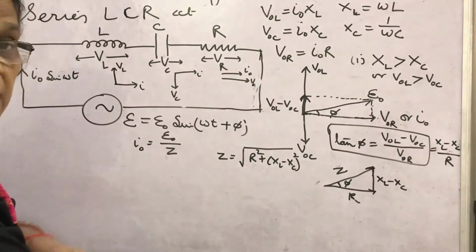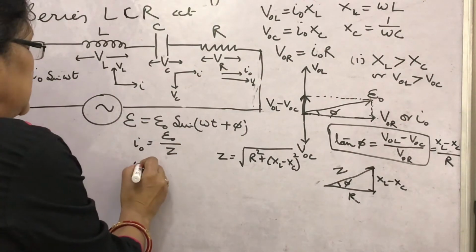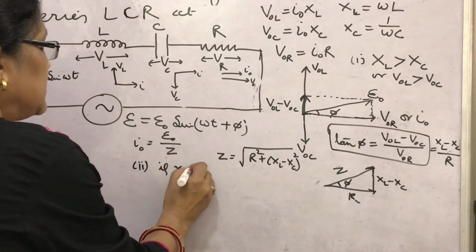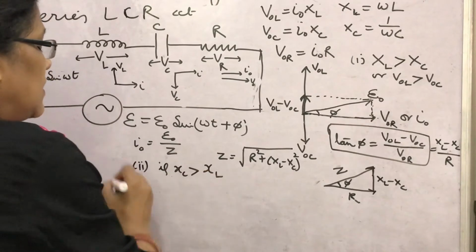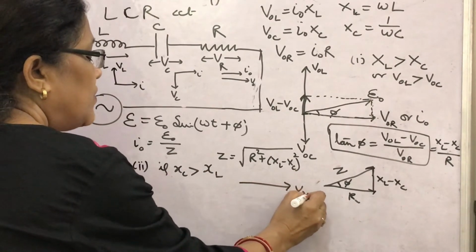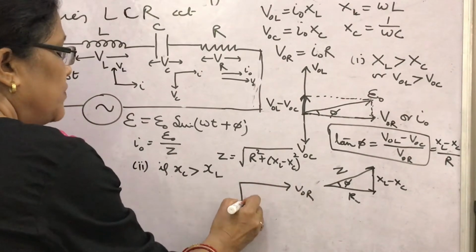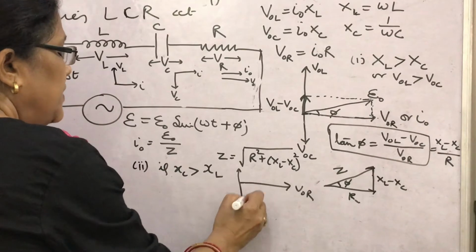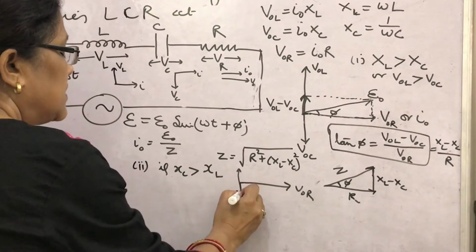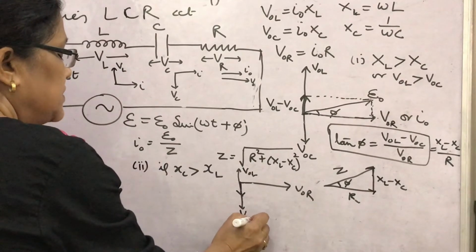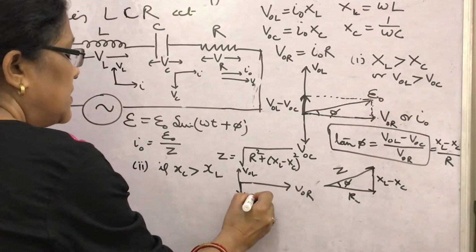In the second case, what can you write? If XC is greater than XL, then what will be the phasor diagram? This will be V naught R and this will be V naught L, then this will be the resultant. This is V naught L, we can write this V naught C, then what will be the resultant?